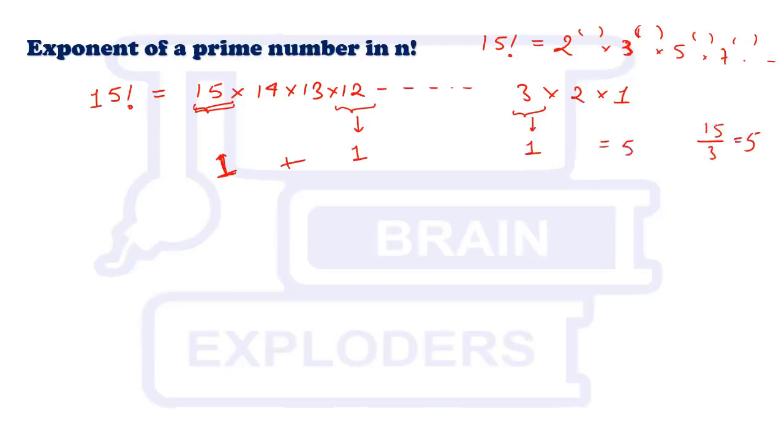So is it the required answer? No. Here there will be a case when a number will contain more than one as an exponent of 3. Suppose there is 9, then 9 will not give a contribution of 1. 9 will actually give a contribution of 2, right? 9 will contribute 2. Why? Because 9 is equal to 3 square.